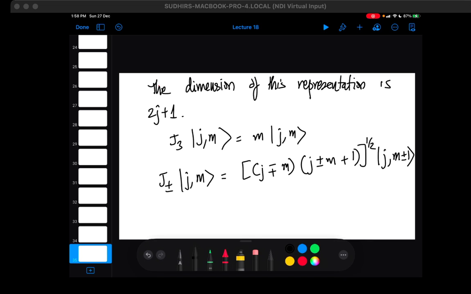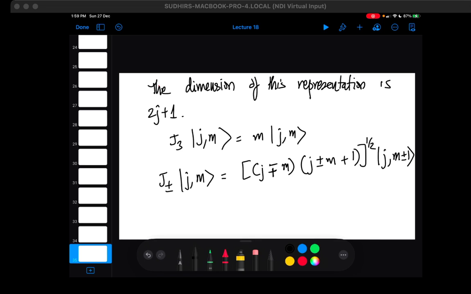So with this we can really construct all possible representations, for any value of j and m. You know that for a given j, m goes from minus j to plus j.